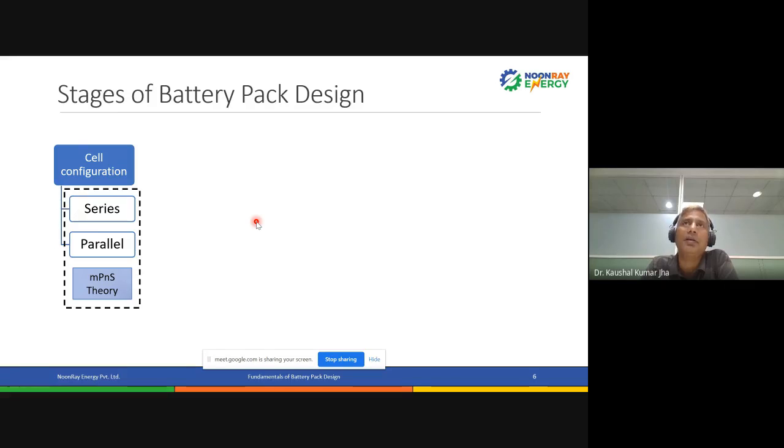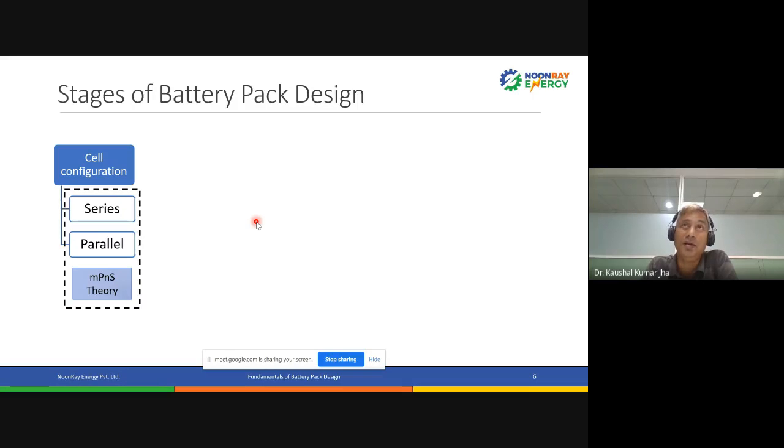If a cell's nominal voltage is 3.6 and you want to make a 24 volt system or 48 volt system or 60 volt system, divide by 3.6. If it is 60 volt, then 60 by 3.6 would come to approximately 16. So that would go in series.